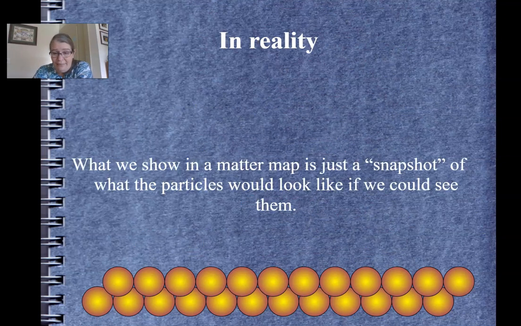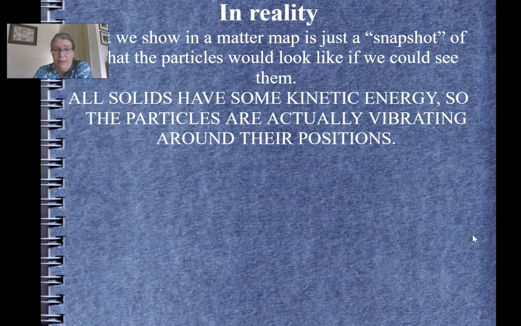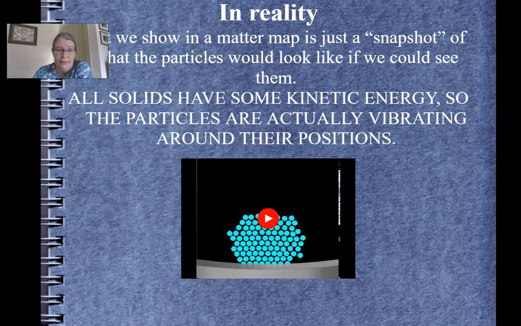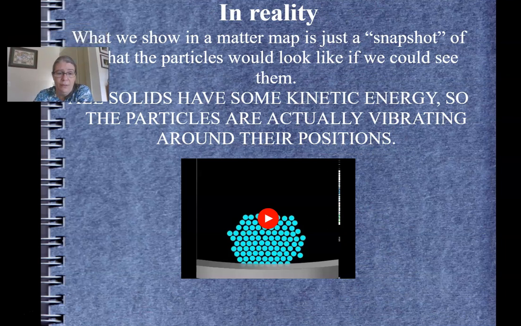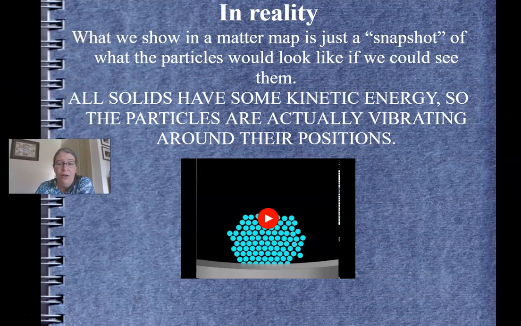In reality, remembering that this is a model and models have limitations. In reality, if we could see them like this, they wouldn't just be sitting. They would be vibrating. Because what we know is that all solids have some kinetic energy.